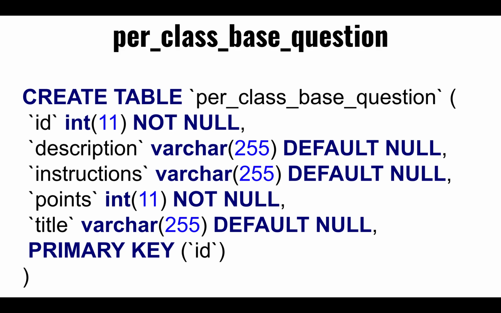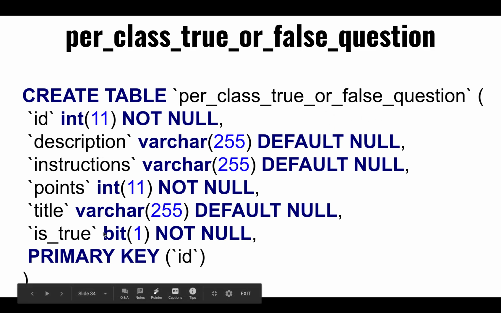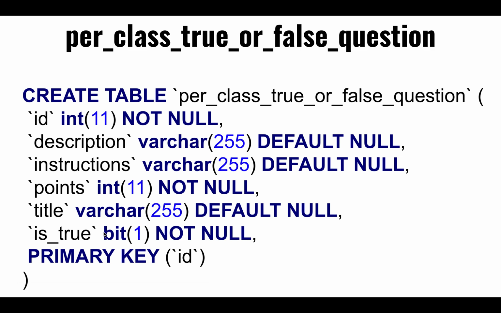it removes the need for joining, right? What it does is that it intuitively implements the inheritance the way we would expect. Notice that the true-false question only adds one field, but it copies over all the other fields from the base class onto itself, right? So here, not only do you have the fields for is true, but I also have the fields for my parent, so that I have the data right here for this object without needing to join myself with my parent class from my derived class.